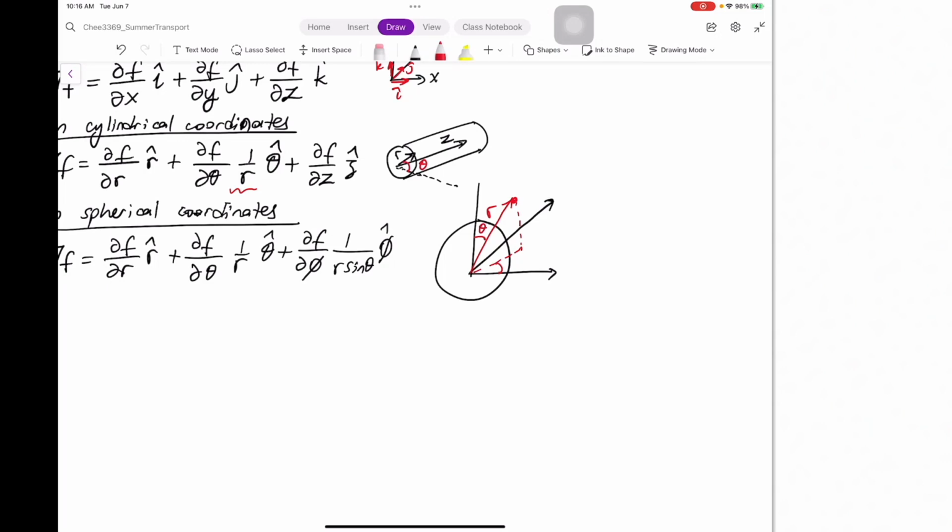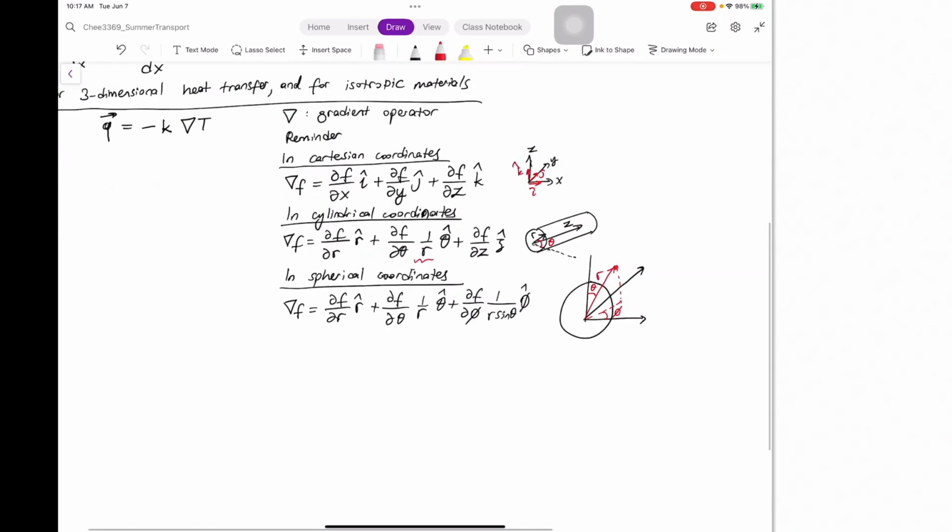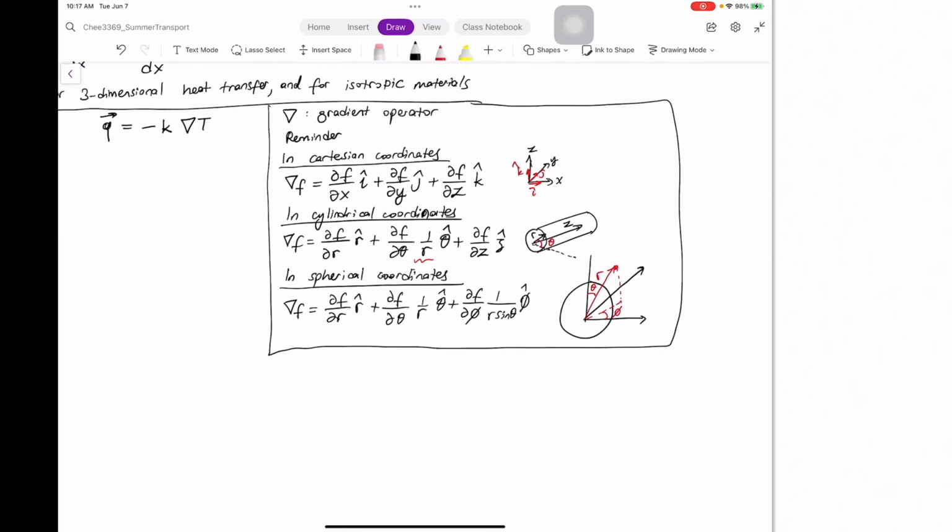This is theta, and this is phi. Okay, that's the spherical coordinates. So this is just a reminder about what the gradient operator is and how it can be represented in different coordinates.